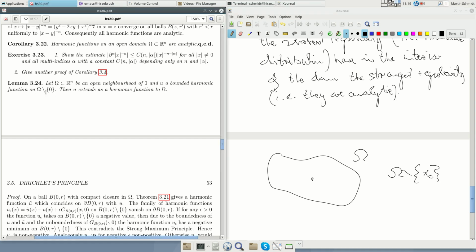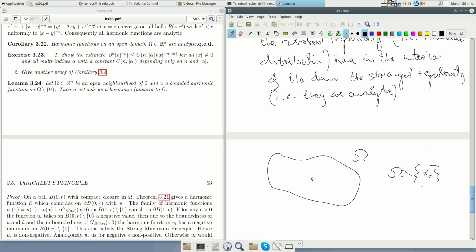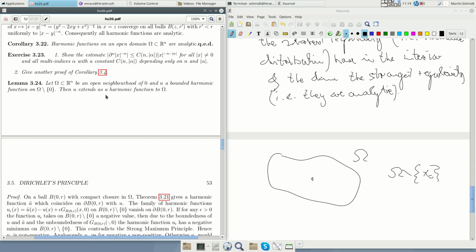Of course here by a translation we may shift this point to 0, so this is not a restriction. So if it's harmonic here and bounded, locally, of course this might be bounded in any neighborhood of x0, then it extends as a harmonic function.